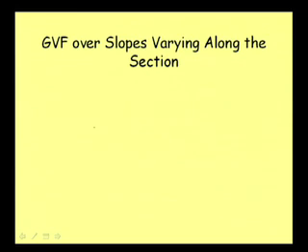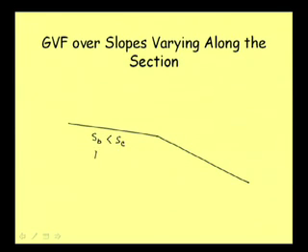Then this slope is mild slope and then it is changing to a steep slope. Okay. So, SB is here less than SC, it is mild, and here let me just draw a line indicating these two parts, and here SB is greater than SC, it is steep.